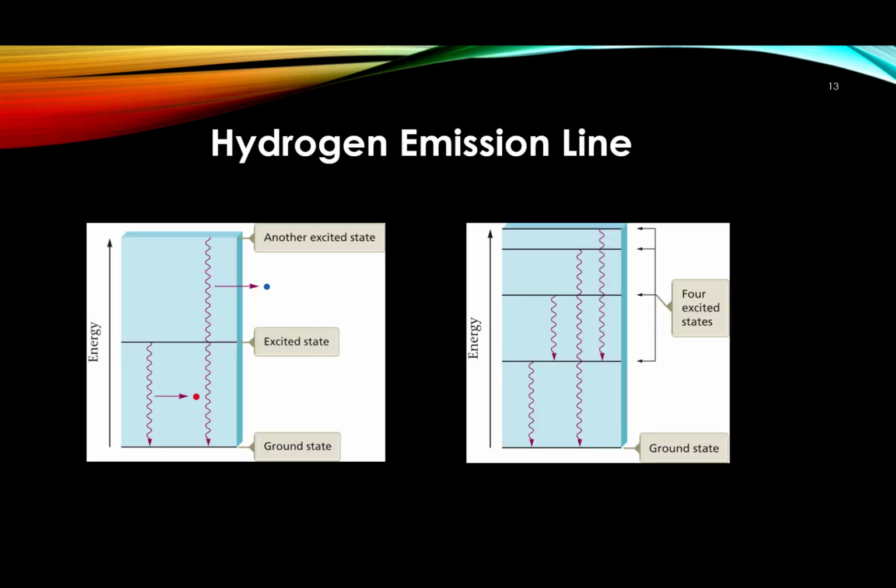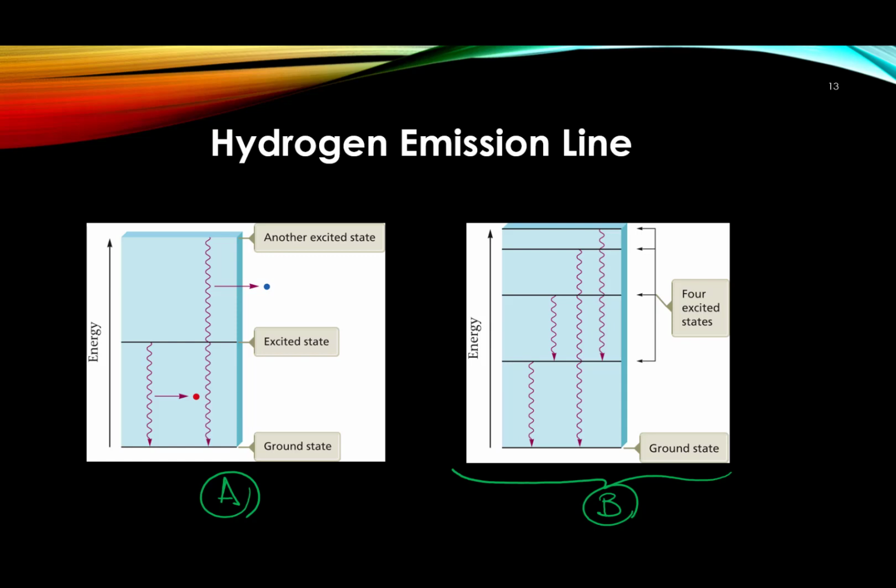And this is what I've just been talking about. But as you can see in the next picture, everything is not as simple as diagram A. A is just so simple: the hydrogen atom gains the energy, moves from ground state to excited state, and then goes back down. What is on diagram B is really what's happening.